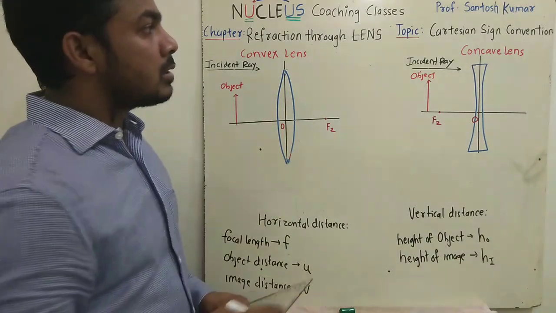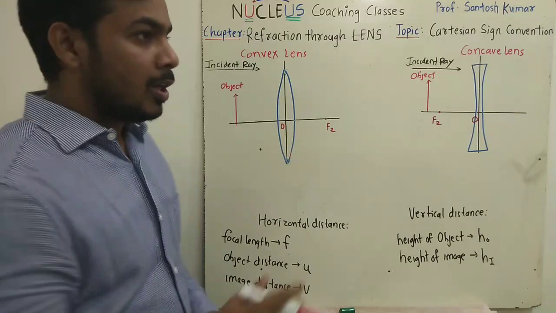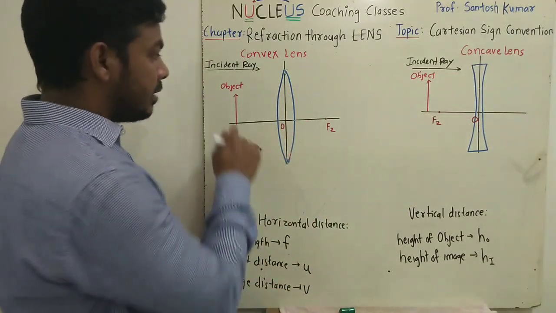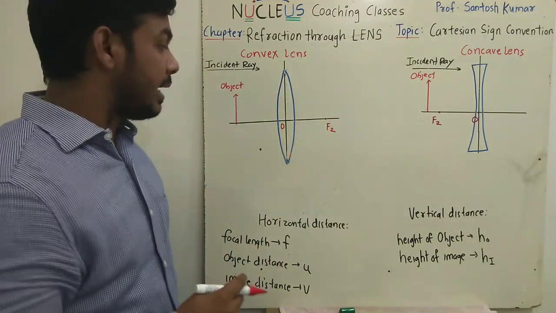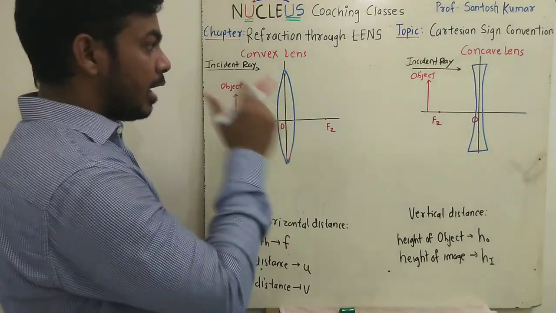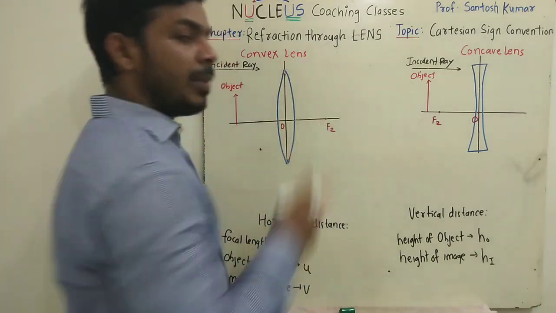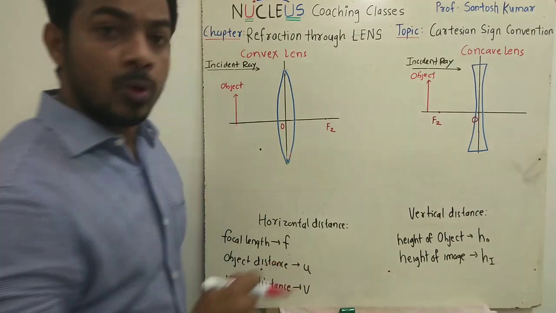Now let's talk about the sign convention for convex lens and concave lens separately. So I have drawn a convex lens and a concave lens. I have considered an object which is always placed perpendicular to principal axis, and I have already explained to you that whenever we talk about principal focus, we always talk about the second principal focus of a lens. So I have marked f2 for both the lenses.